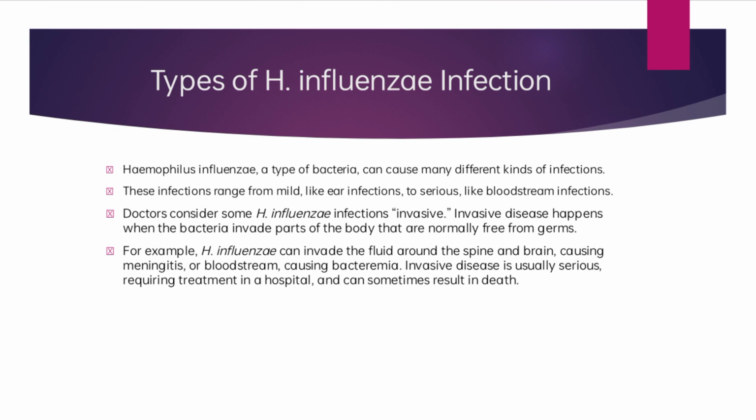For example, Haemophilus influenzae enters the fluid around the spinal cord and brain, causing bloodstream and invasive disease. Invasive disease is usually serious, requiring treatment in hospitals, and sometimes results in death.